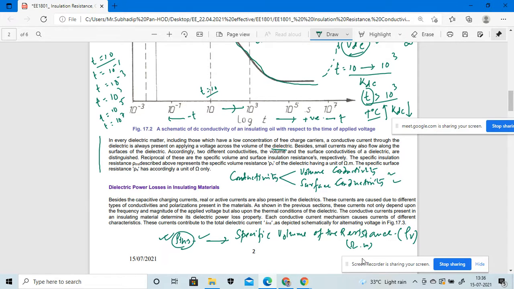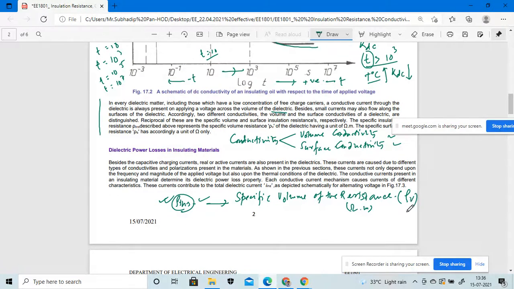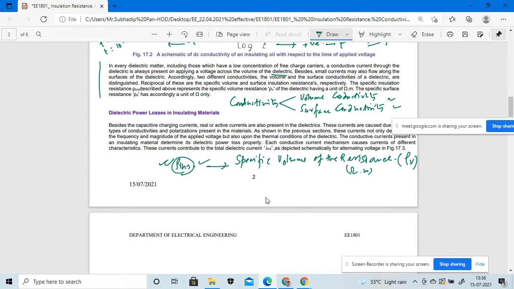The specific volume resistance is considered as rho v, and the specific surface resistance is considered as rho s, having a unit of ohm only.